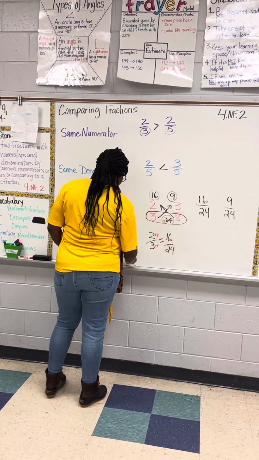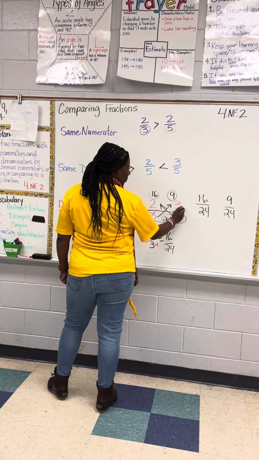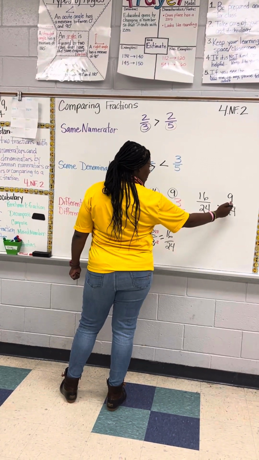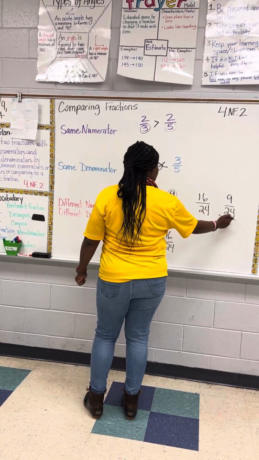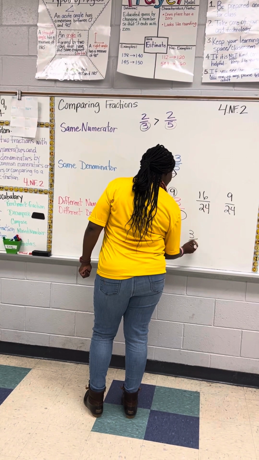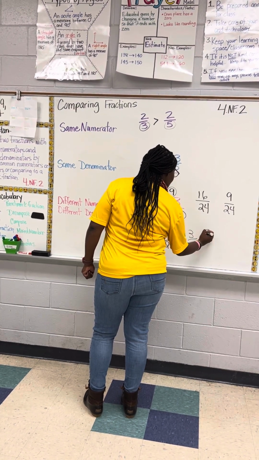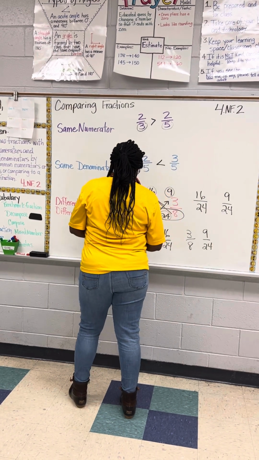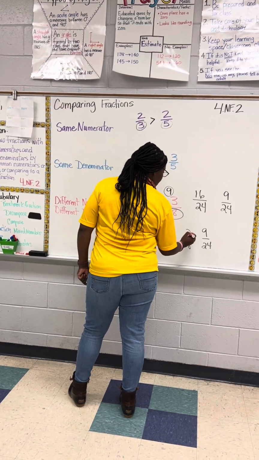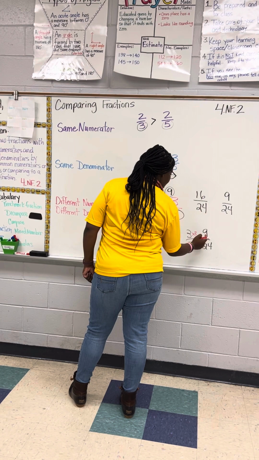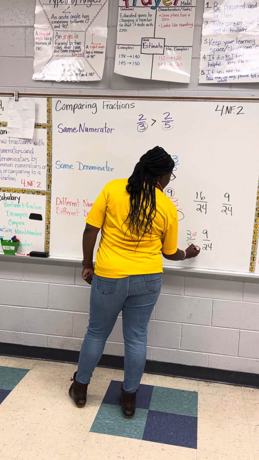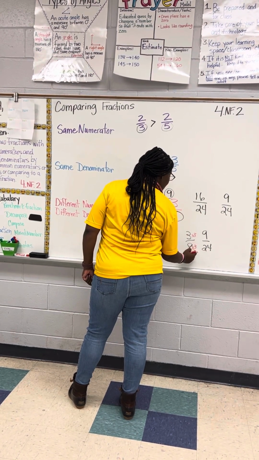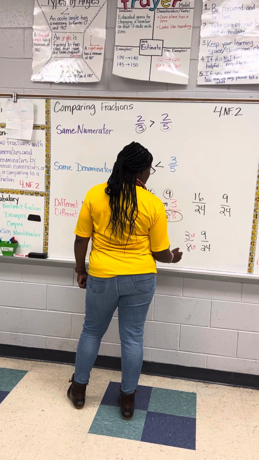So the same thing applies to 3/8 being equivalent to 9/24. Just in case you're wondering. Okay. 3 times 3 gives me 9. I got to do the same thing down here. 8 times 3 is 24. That's how I know it's equivalent.